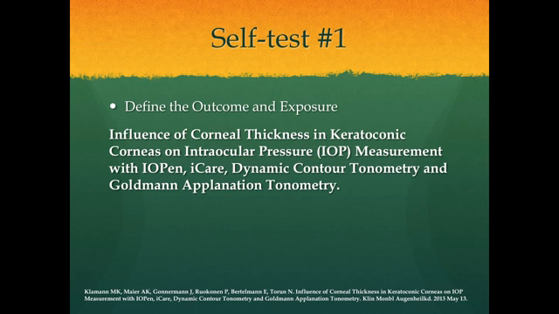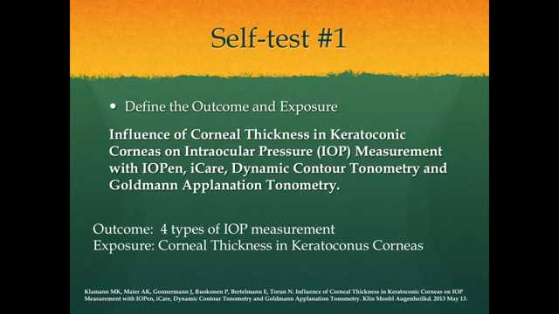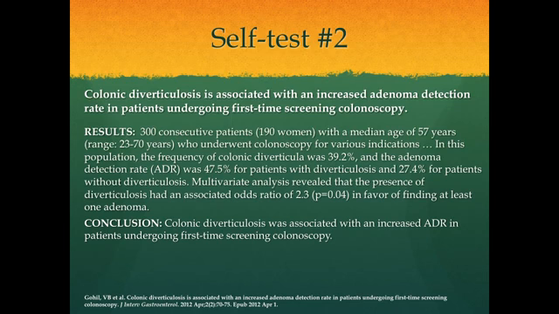What are the outcome and exposure in this study? The outcome are 4 types of intraocular pressure measurement, while the exposure is corneal thickness in keratoconus corneas. How about this scenario?